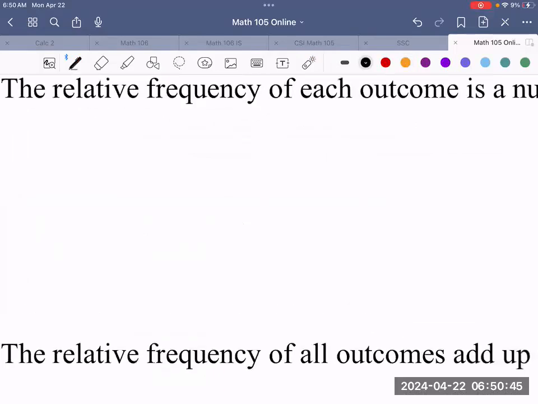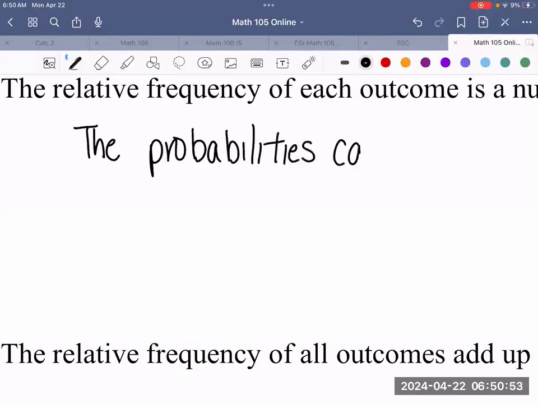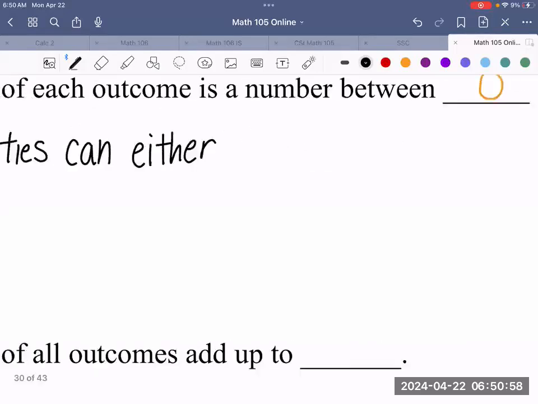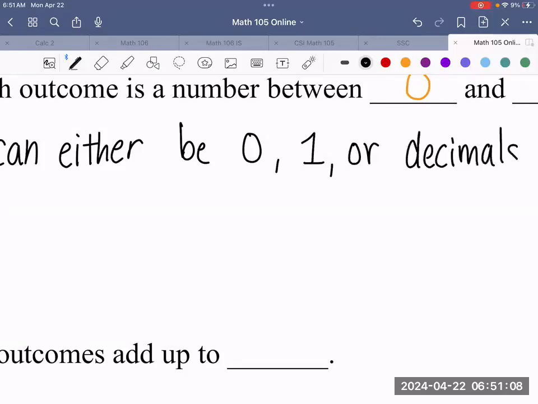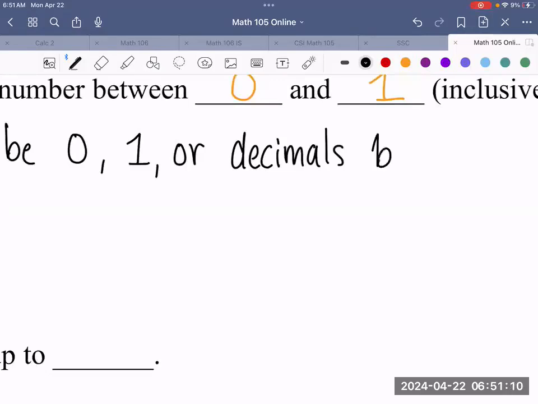So pretty much the probabilities are 0, 1, or decimals between.